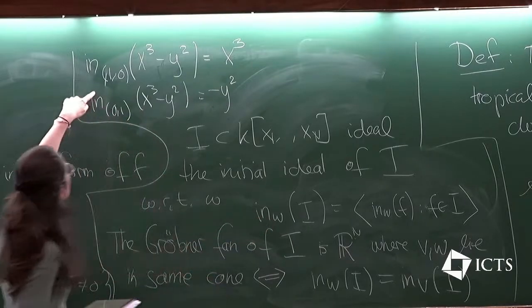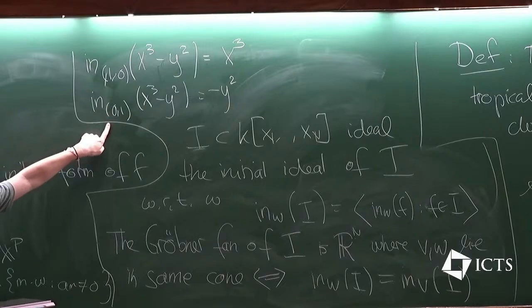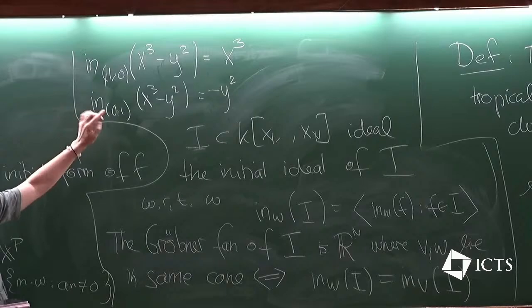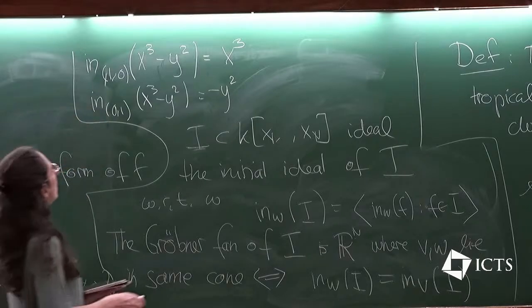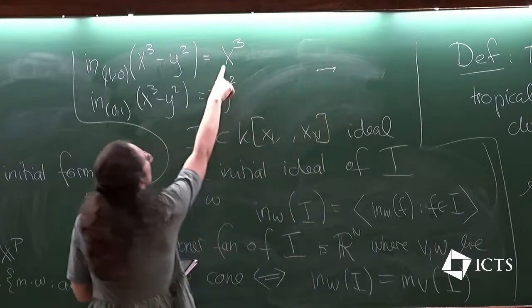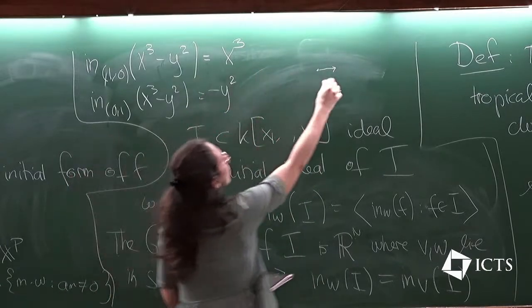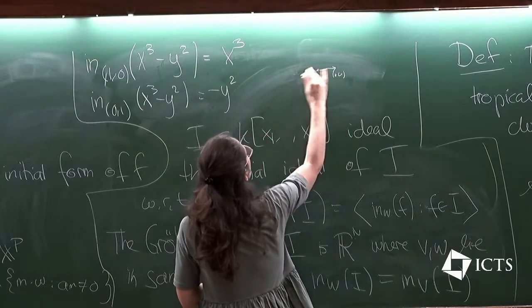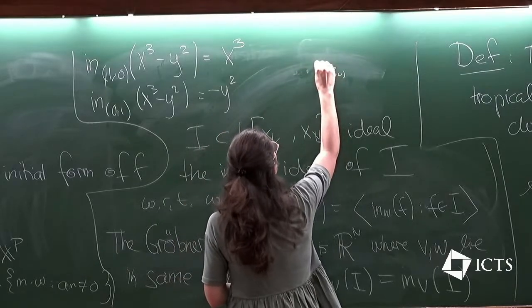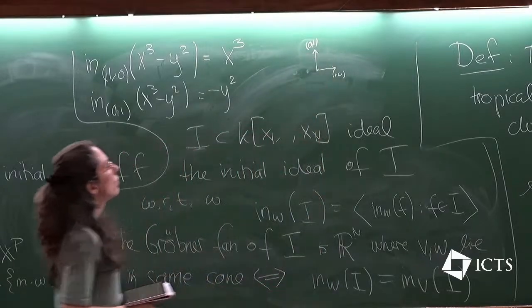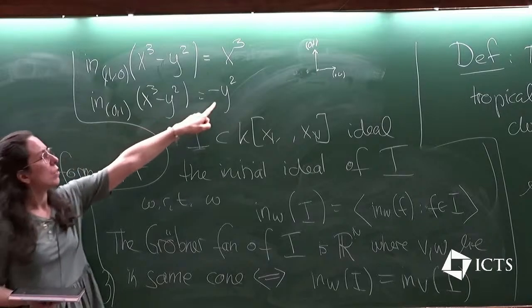So in this case, what's my Gröbner fan? It's a very weak example. We already saw that 1, 0 gives me x cubed, and 0, 1 gives me minus y squared.